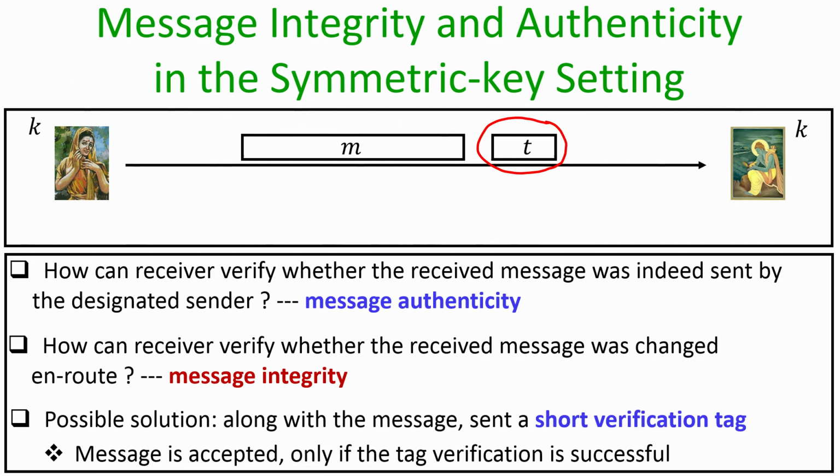When the receiver receives the message along with the tag, the receiver can run a tag verification algorithm with the same key with which the sender computed the tag. If the algorithm outputs 1, that means the tag is successfully verified, then it can accept the message, else it can reject the message. That is the overall idea.